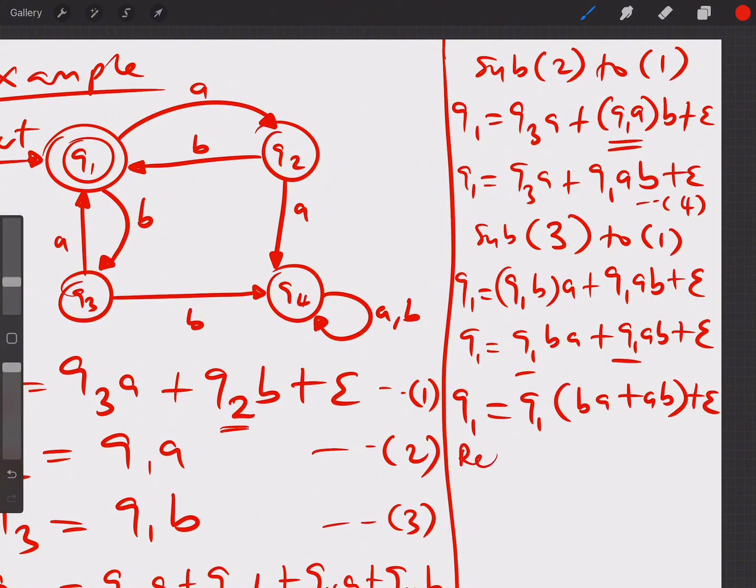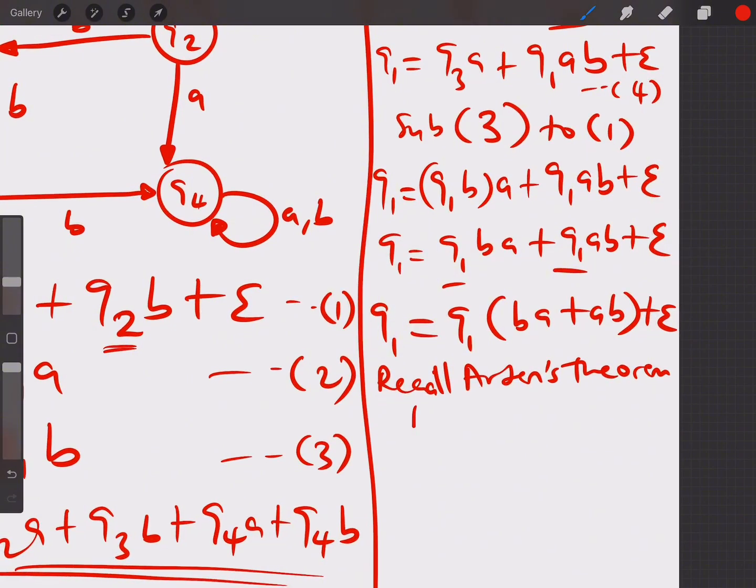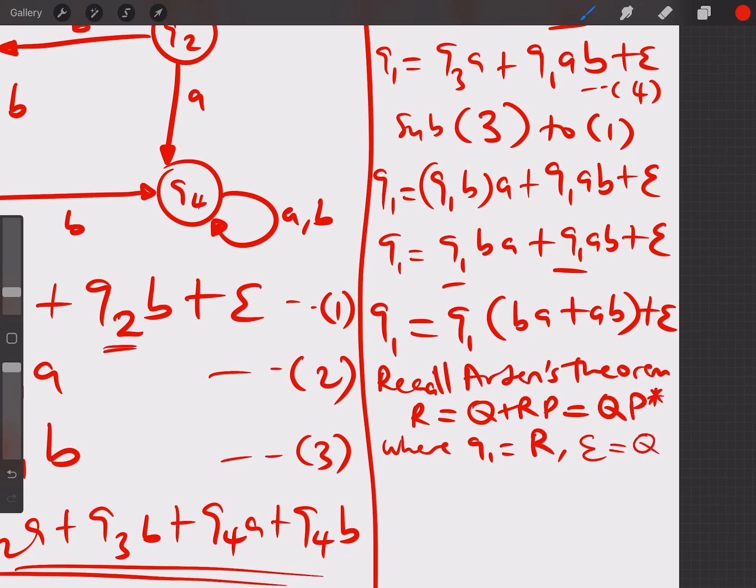From here, remember Arden's theorem: R is equal to Q plus RP is equal to Q, the Kleene closure of P, where Q1 is equal to R, the empty is equal to Q, and P is equal to BA plus AB.